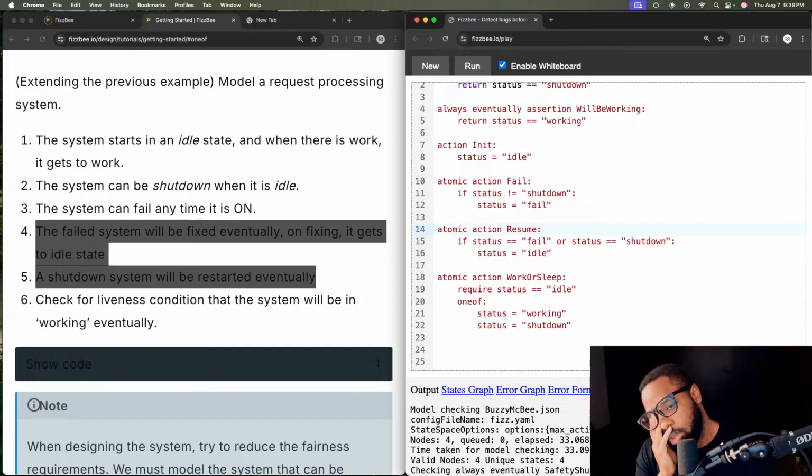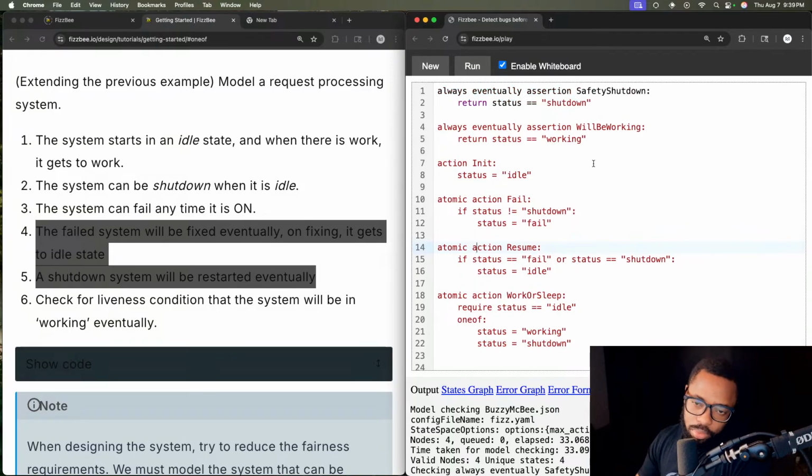like I need to start thinking in terms of the fairness here. We want to eventually reach, we want status to eventually be working, and we also want shutdown. Actually, why can't these two be combined?